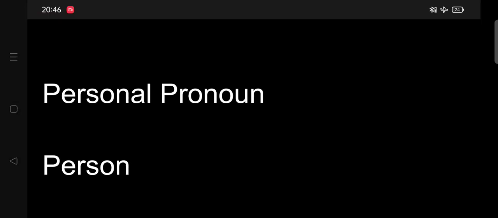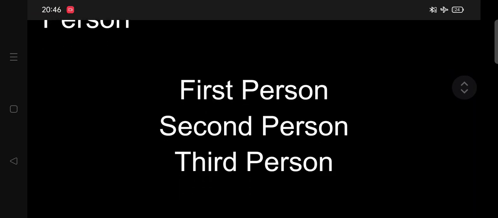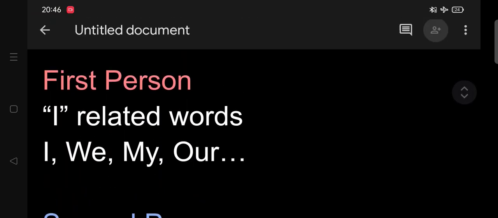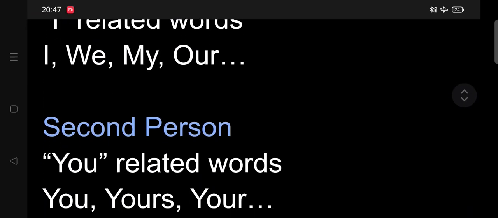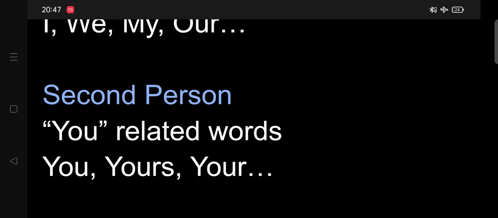Let's learn. Personal pronoun has an assistant term, person. There are three types of persons. We know this. First person, second person and third person. What is first person? Whatever I related words are first person. Like I, we, my, our, etc. Next, second person, you related words like you, yours, your and so on.